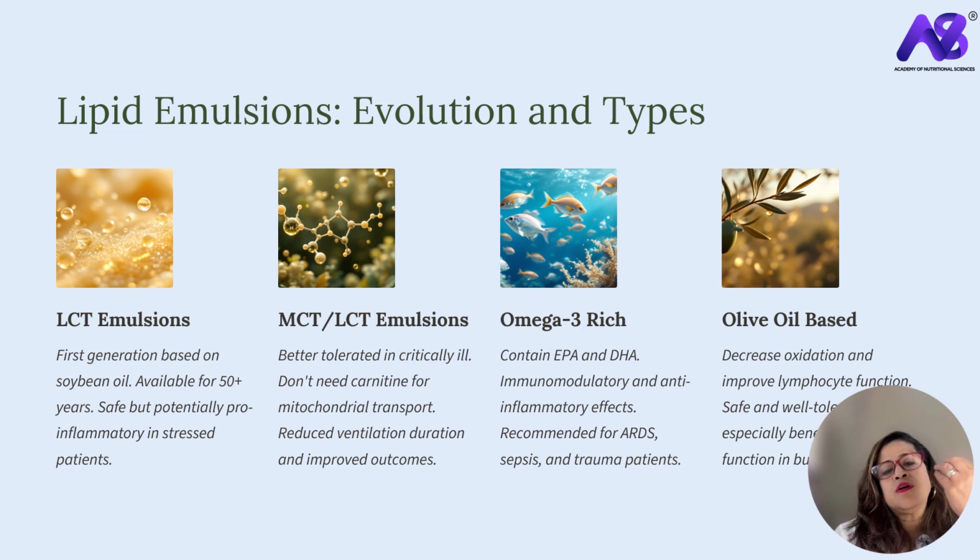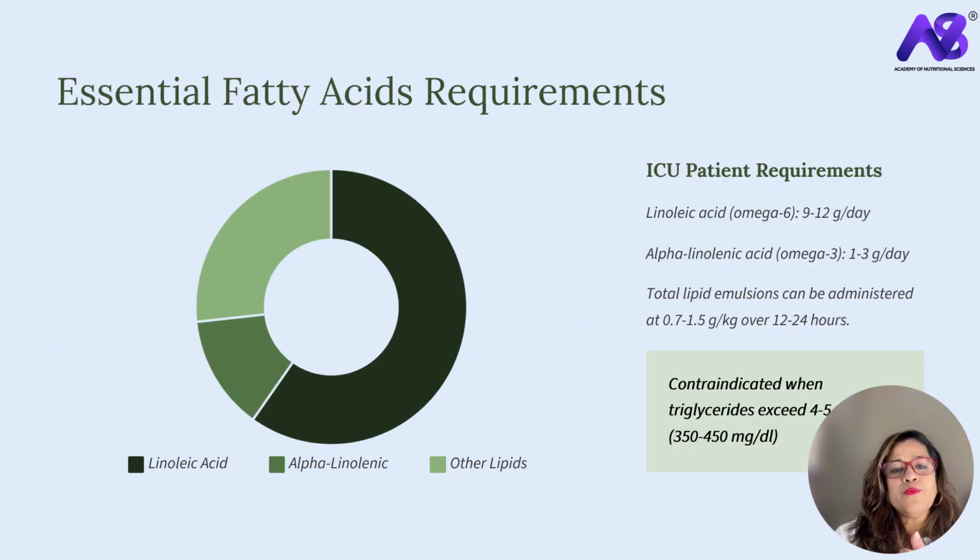So if you talk of, like, Omegaven, which has a fish oil component, or SMOF lipid, which is a mixture of MCT, soya bean, olive and fish oil. The full form of SMOF is soya bean, MCT, olive oil and fish oil. Okay, they have a higher DHA and EPA content. So these are some of the ones that are used in the ICU.